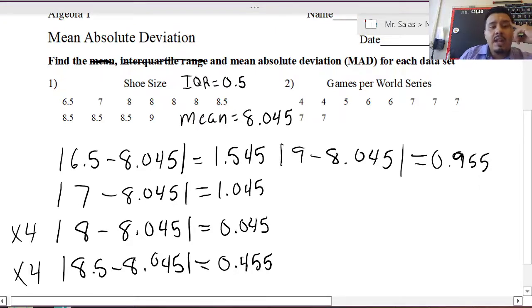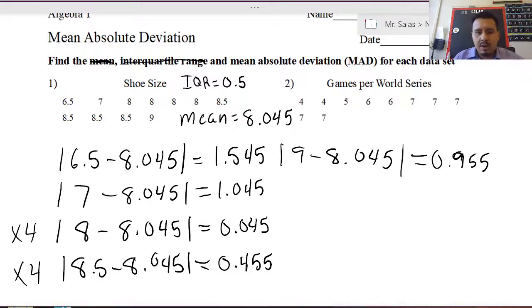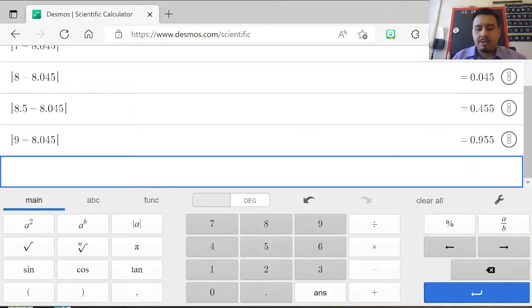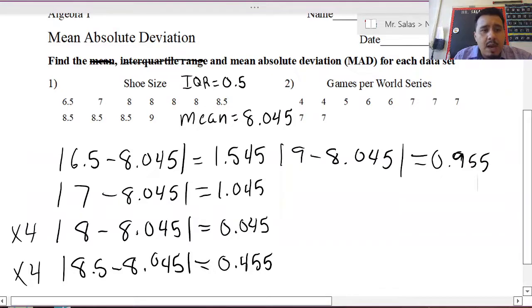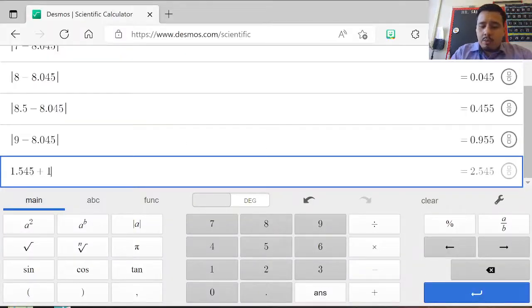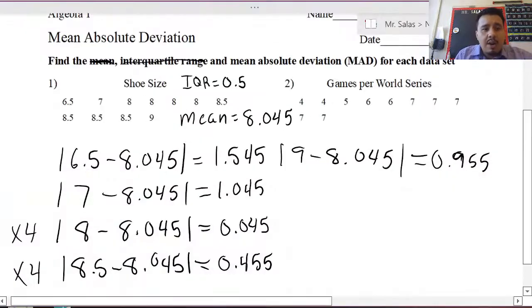We're going to add them together. Let me write it out so it's more clear. We're going to do 1.545 plus 1.045 plus 0.045.